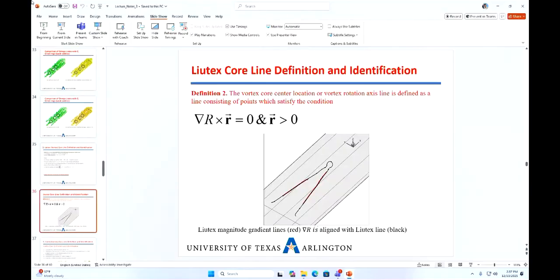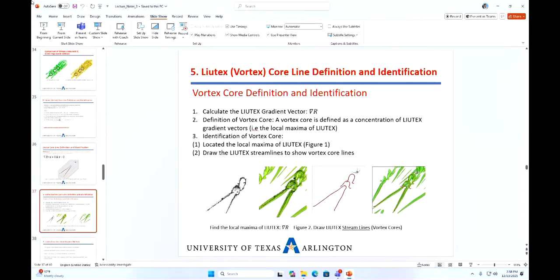Well, we look at this vortex. You see that? The gradient of R and R have the same directions. That's the isosurface, and that's the core line. We get it. That's the local maxima of vortex.